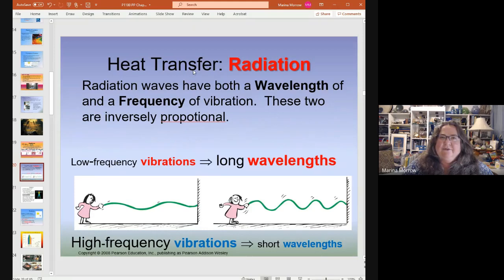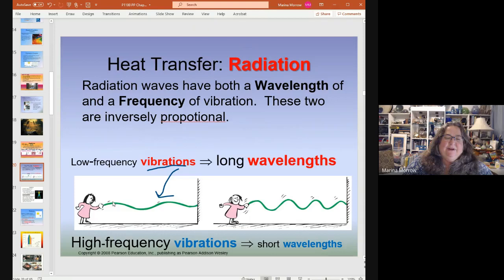Now, one thing about radiation is that it is a wave, and we'll talk more about it in later chapters. So it has a wavelength, but also a frequency, and those are inversely proportional. In other words, when one gets larger, the other gets smaller. When you have a low frequency vibration, like this one, it has longer wavelengths.